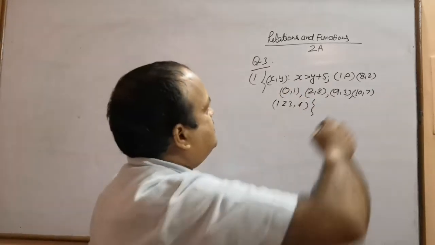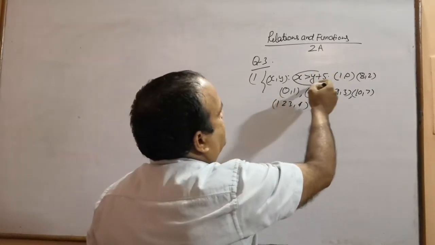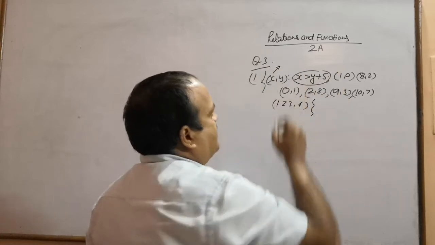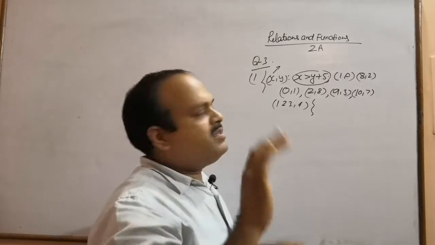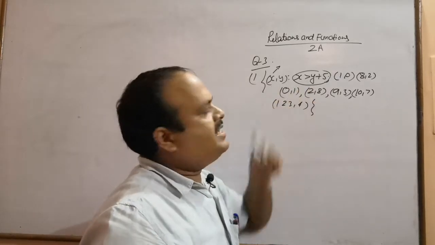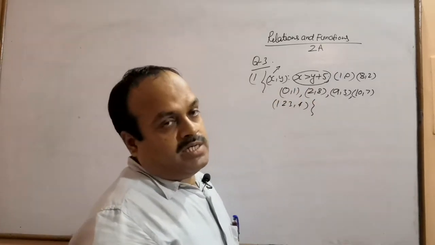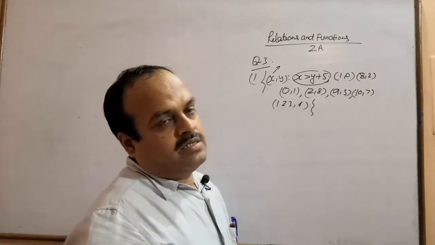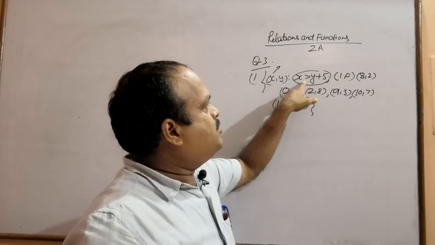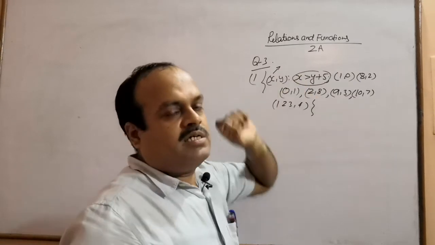This inequation says the first entry x is 5 more than the second entry y. So let us examine every element using this relation.